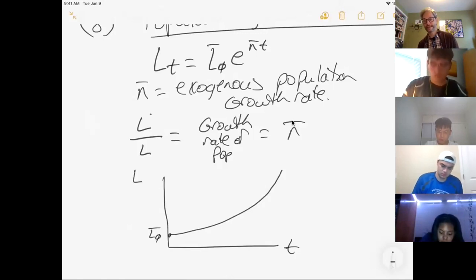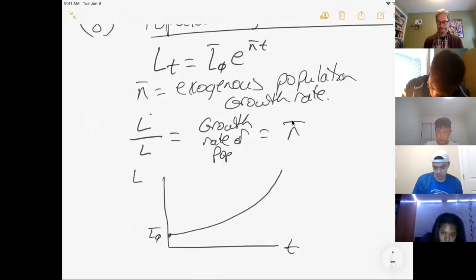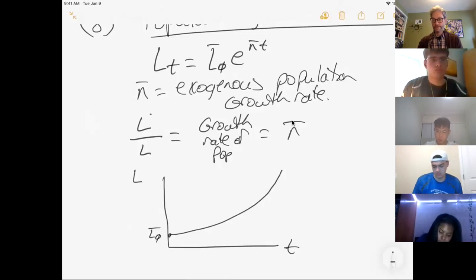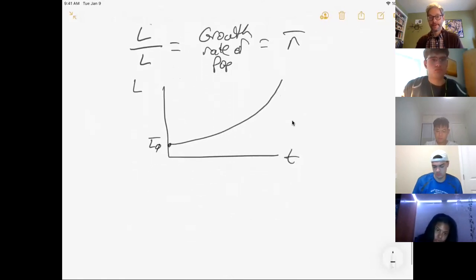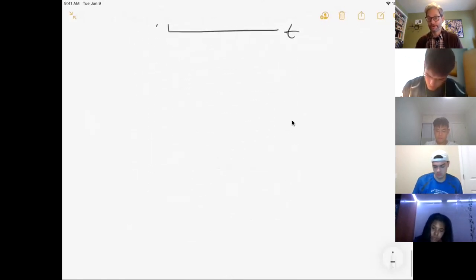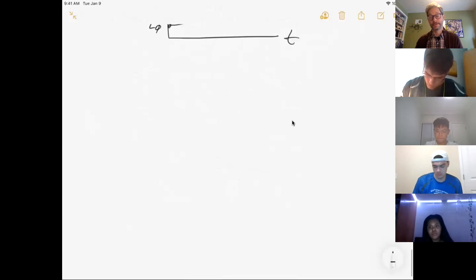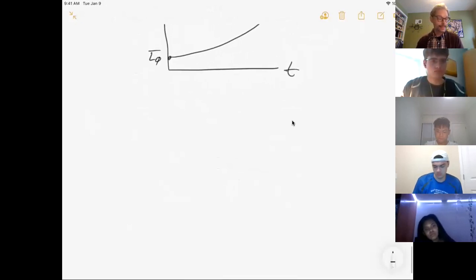So we're not really making a distinction between the population and the labor force. Let's just assume that everybody who's alive is working, okay? So that's the model. That's at least the simple version of the Solow model. That's it.